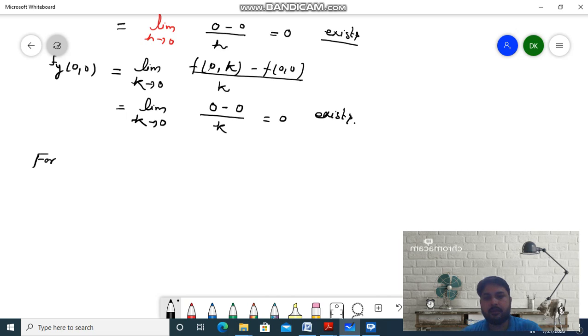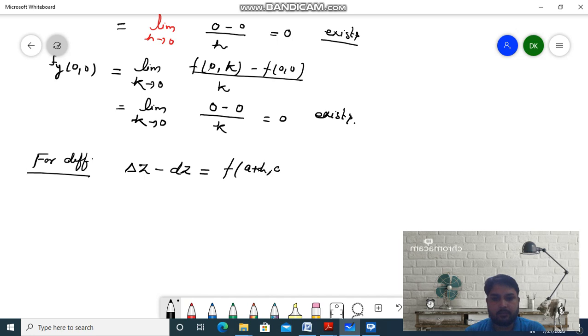For differentiability, we will construct the function del z minus dz upon the norm. First of all we will find del z. Del z is calculated by f(a plus h, b plus k) minus f(a, b).